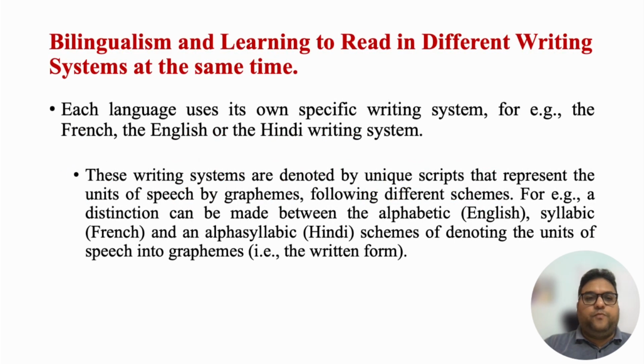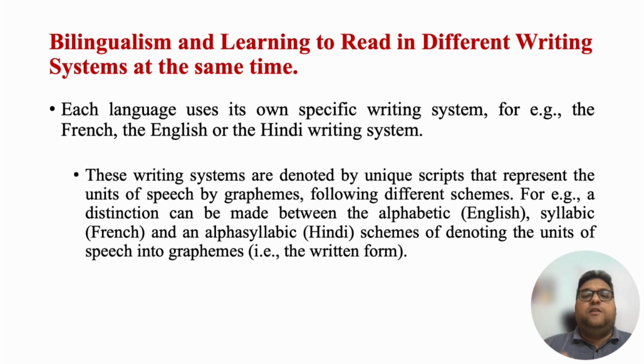So let's move on. Each language, as you would know, has its own very specific writing system. For example, the French writing system, the English writing system, or the Hindi writing system. These writing systems are denoted by unique scripts that represent units of speech by graphemes.